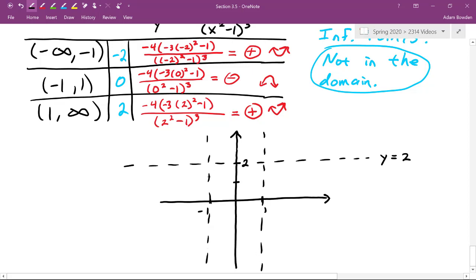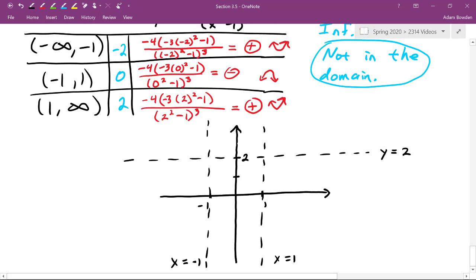Okay, so that's our two vertical asymptotes, x equals 1, x equals negative 1. Okay, and then we look at the information about concavity and all that stuff. Notice we also had x and y intercept at 0, and that's also our local maximum as well.